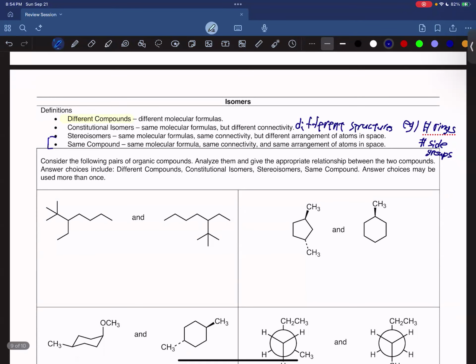When you compare stereoisomers, think about the side groups' relationship, like whether they are cis or trans, or they have totally opposite directions.